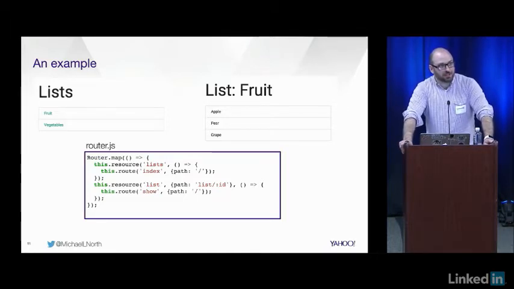So I've got my fruits and my vegetables, and clicking on fruits will drill into the view that you see on the right, and vegetables will bring up a separate list. You see how I have my route set up below, so I've got a top-level resource for lists to handle the list of lists. And then, just because of the way I wanted to set this up, I have a second resource for a single list so that that top-level view ends up getting swapped out.